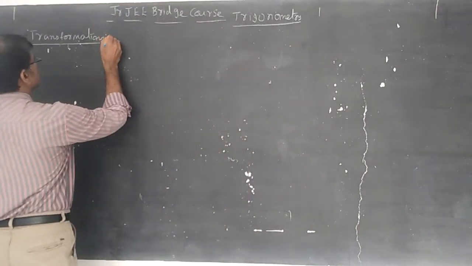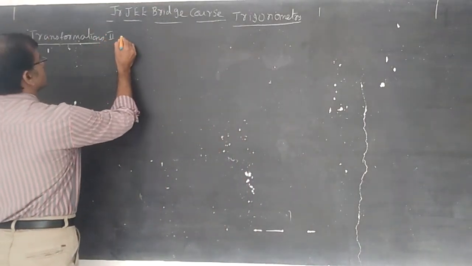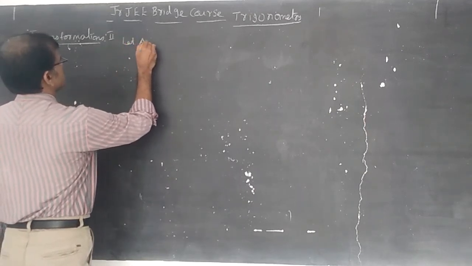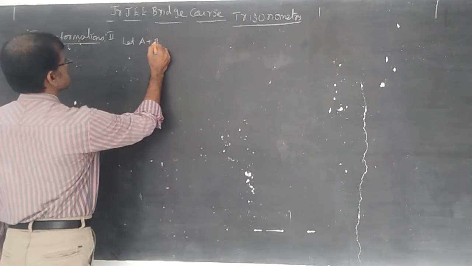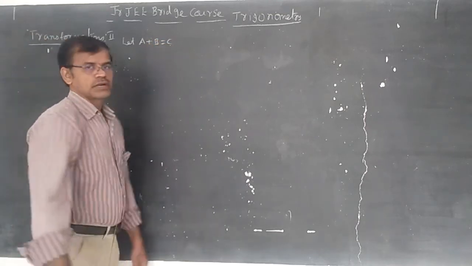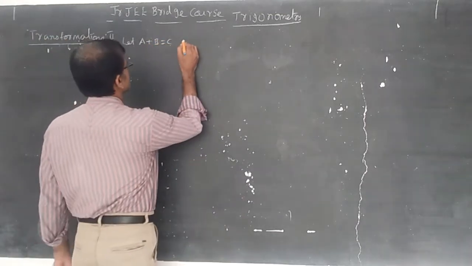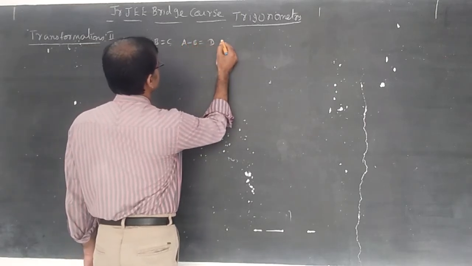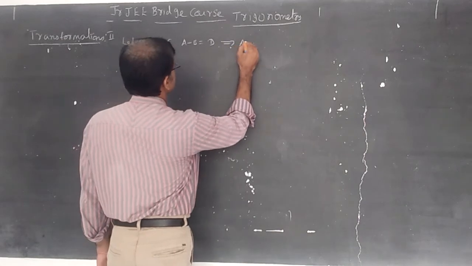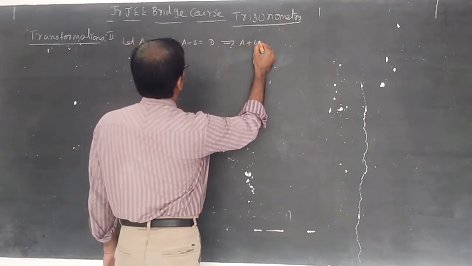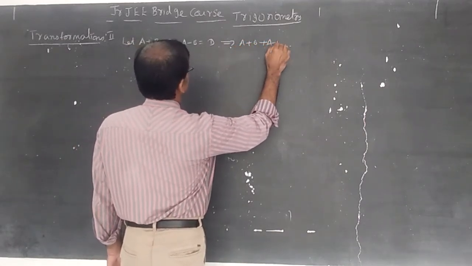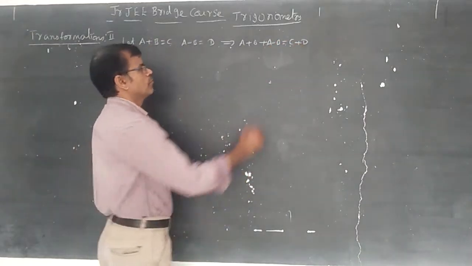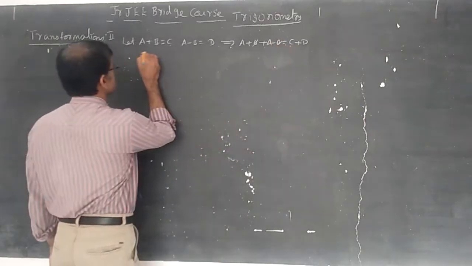Roman number 2. Let A plus B is equal to C, and A minus B is equal to D. That implies A plus B plus A minus B becomes C plus D. B and B will get cancelled.